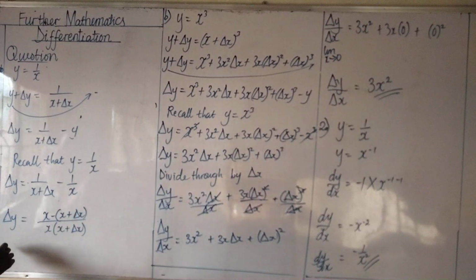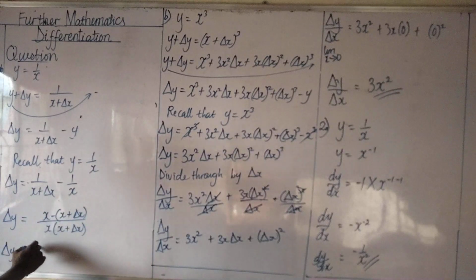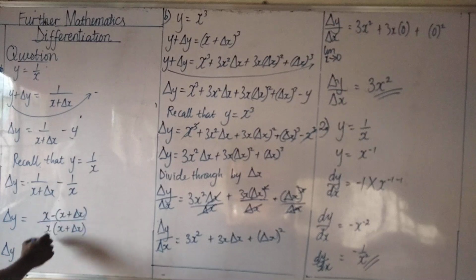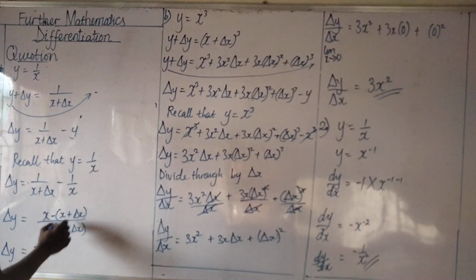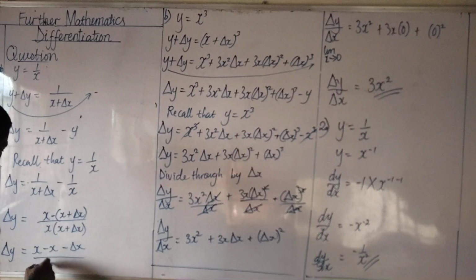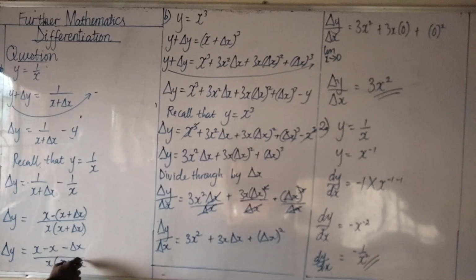So our changing y will be negative 1 times this will give us negative x, times this will give us negative change in x, all over x bracket open x plus changing x bracket closes.